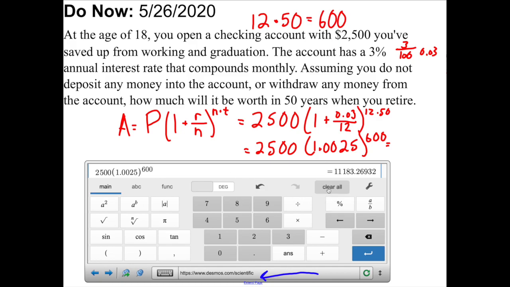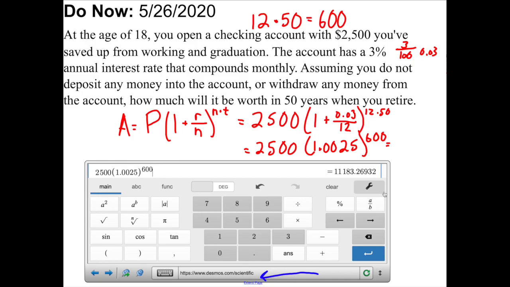Now you can see, and actually because I'm on Desmos, I can save this. So I'm going to now show you what I would have gotten if I had just not tried to get cute with it and just done it like this. To the power of, and just be careful, if you want to do operations, you need to put the parentheses in there, 12 times 50. You get the same thing either way.